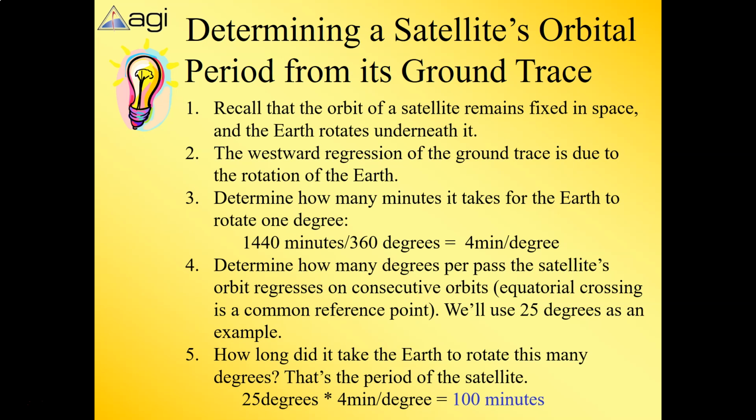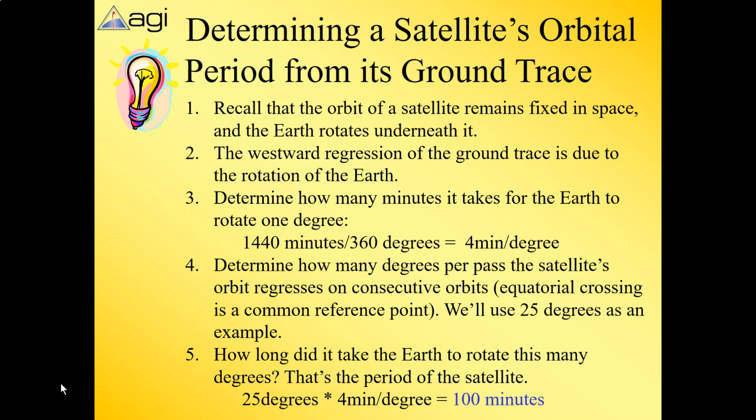All right. So we can determine a period for a satellite by looking at what its ground trace shows us for that inclination and seeing how far it moves as we go from one spot as it crosses the equator to the next spot that it crosses the equator.